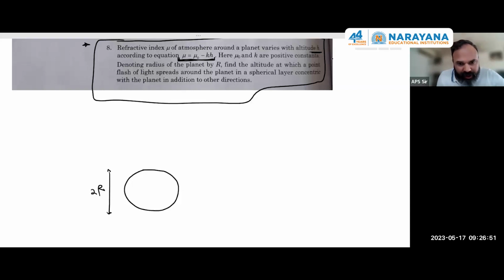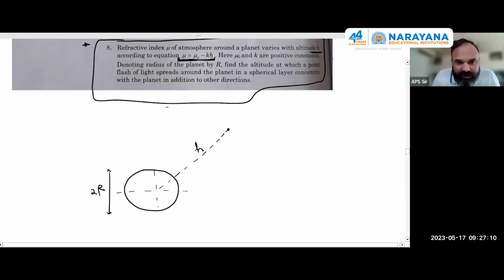At any position, like if I draw at any location, let's say you're sitting here. The distance is h above the surface. So you know the refractive index which is present here.